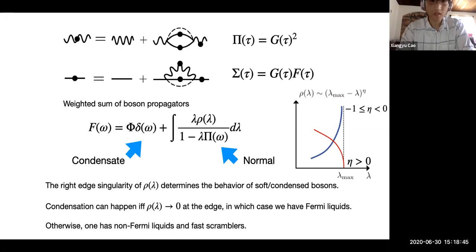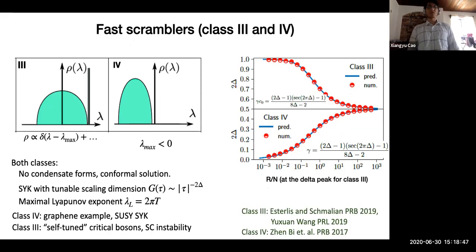So that's a summary. Let's maybe go over different states we can obtain. First, we can obtain some faster scramblers, and these are not that new. They have been discovered in previous papers that I have cited. The fast scramblers come in two classes, which we call class 3 and 4 for historical reasons.